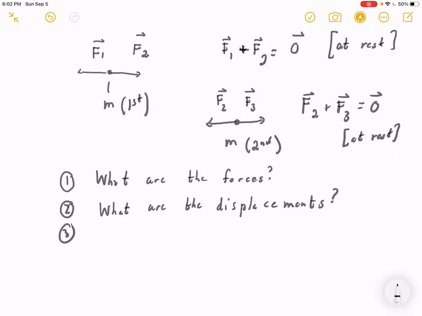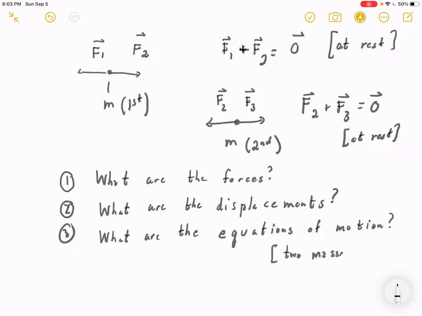And then the last question is, what are the equations, plural, of motion? And it's equations, plural, of motion because you now have in this problem two masses. So you have an equation of motion for each mass.